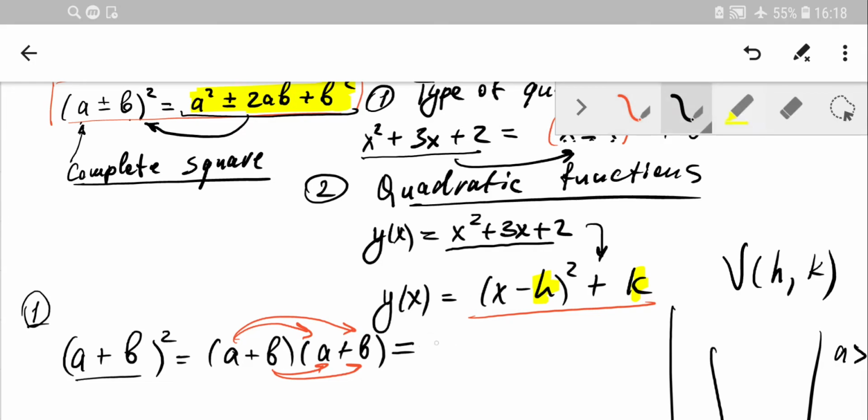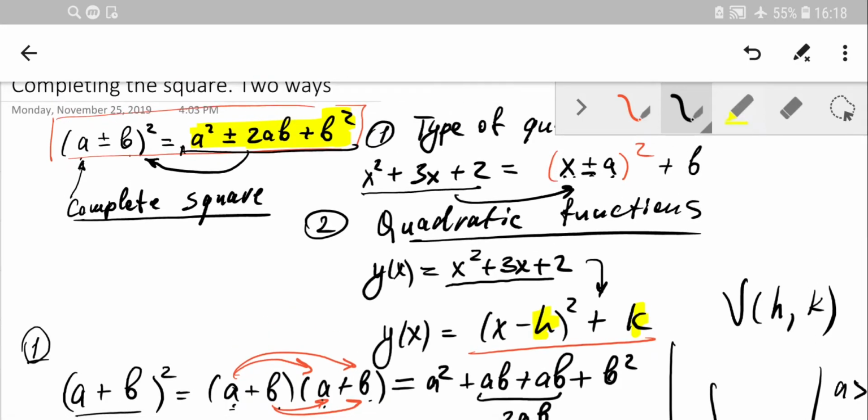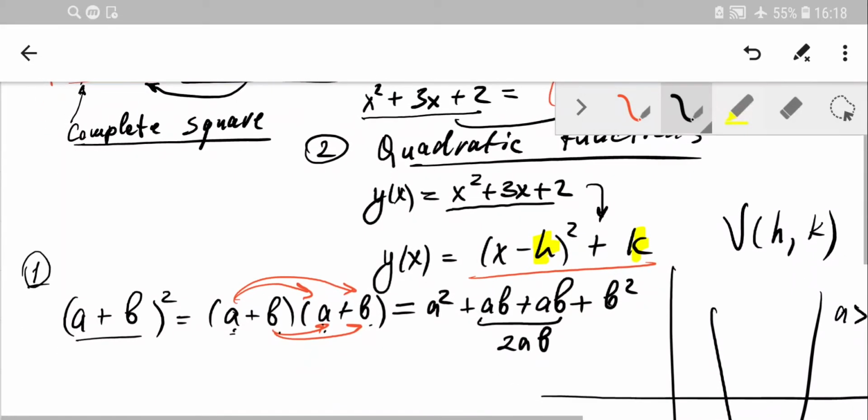So finally we'll have the form a squared, then ab, then ba, which is also ab, and b times b, which is b squared. Those ab terms together give you 2ab, and that's how we arrive at the right side. So we proved it. With the minus, we'll do the same.